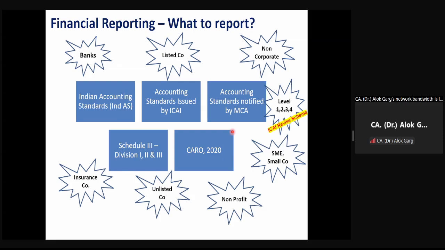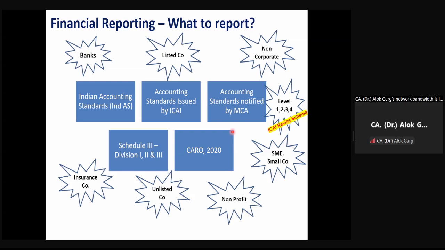Okay. So friends, being an auditor, when you are issuing CARO and when you are applying CARO, it is important to check the applicability of CARO to the companies as well. For example, CARO 2020 is not applicable to small companies, right? Small company as defined under the Companies Act, right?